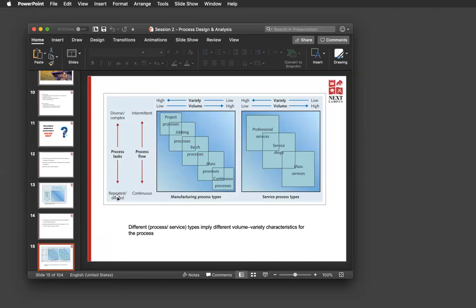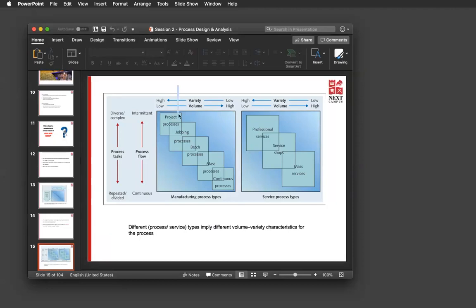So you don't do task 1, 2, 3, and then 5. Every time you do task 1, 2, 3, 4, 5. So there's a predictive continuity in the activities in a continuous process. That is why it becomes a natural candidate for automation.